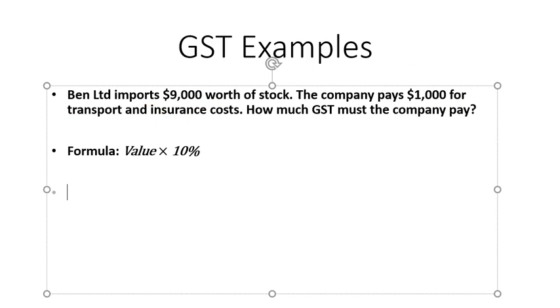We spoke about that just before as to why that's the case. It's because transport, insurance, any customs duty, etc., is included in the value of the price. So to work out how much GST is liable, we'll take the total value, which is $10,000, multiply it by the 10%, and we know that would come to $1,000 GST that must be paid.